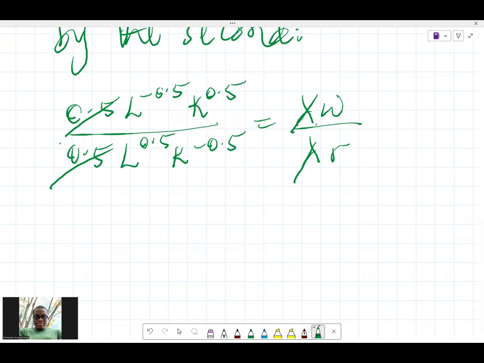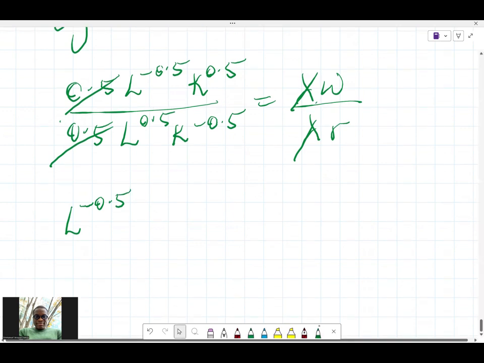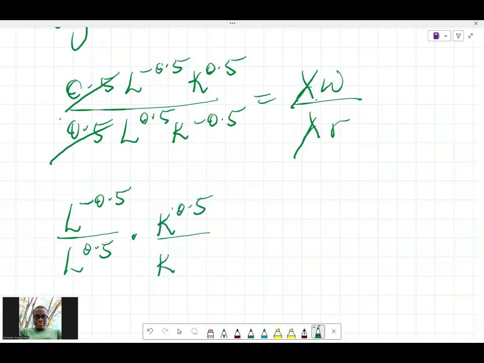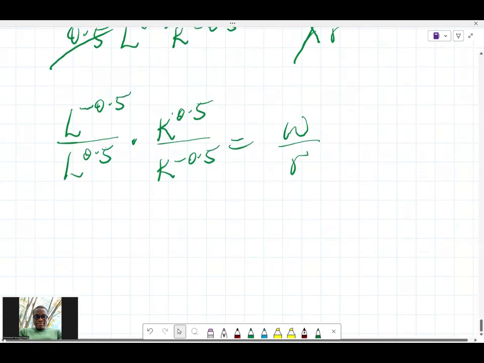So this is L raised to minus 0.5 all over L raised to 0.5, times K raised to 0.5 divided by K raised to minus 0.5, and all of this is equal to W over R. Okay, so we can tidy things up.